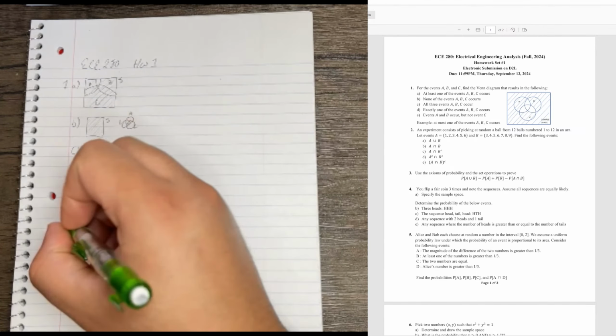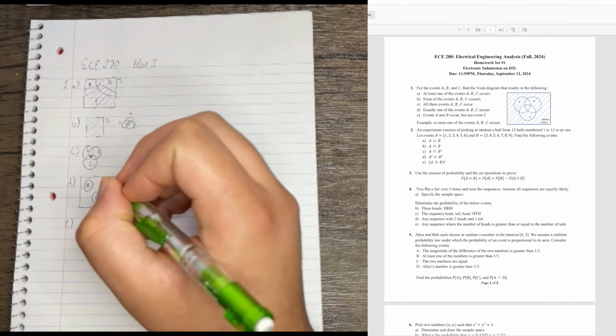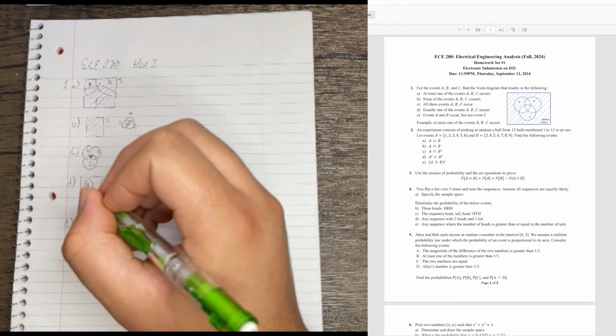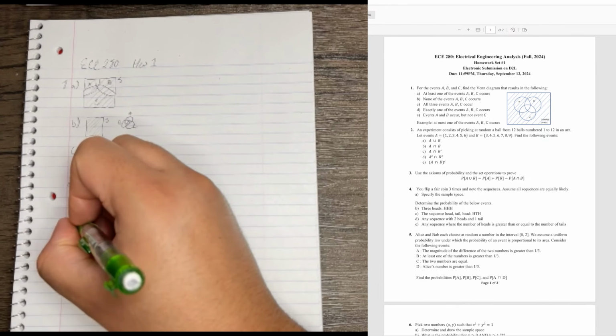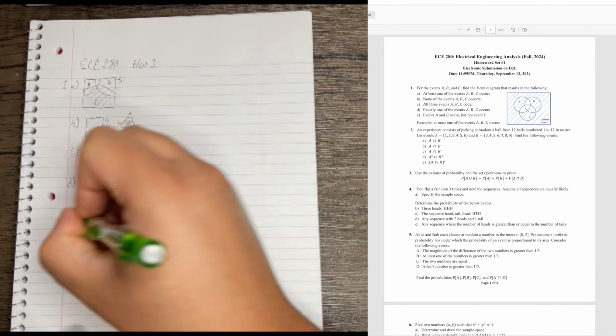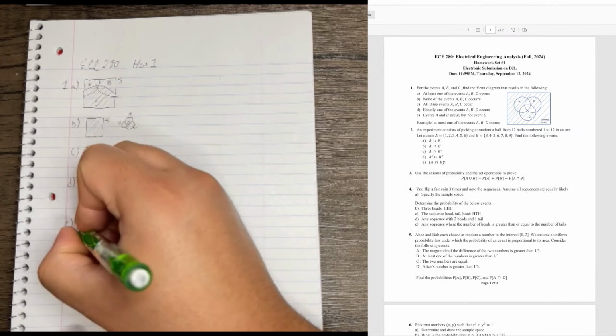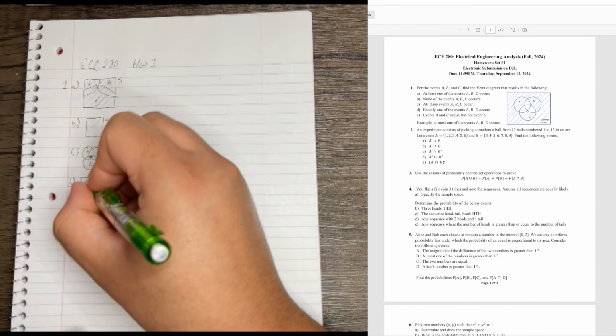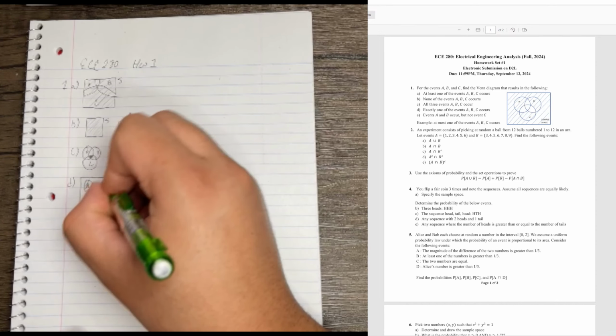And then D. Events A and B occur, but not C. So we will draw in our sample space again. I guess I'll shade those in too.